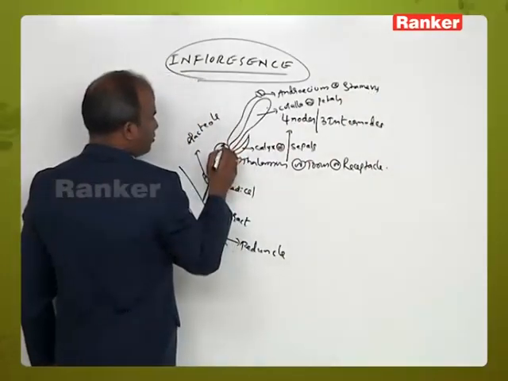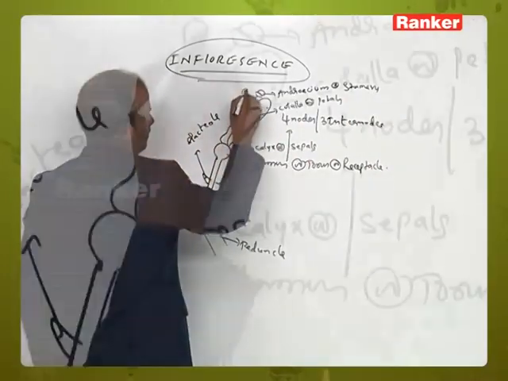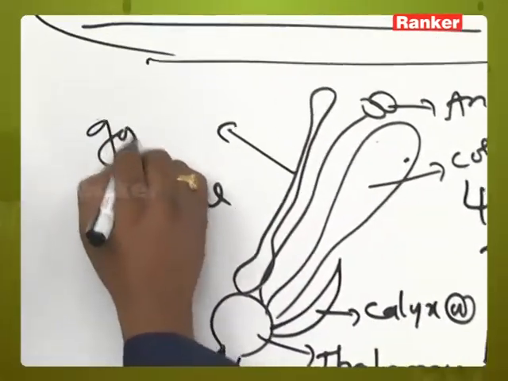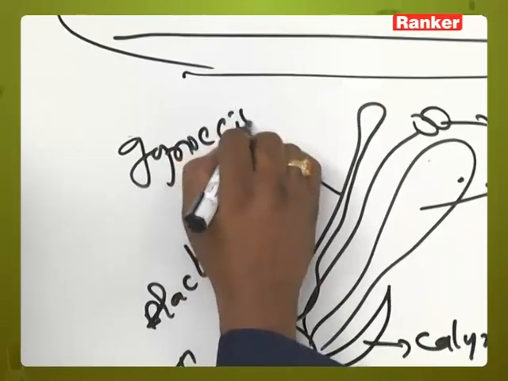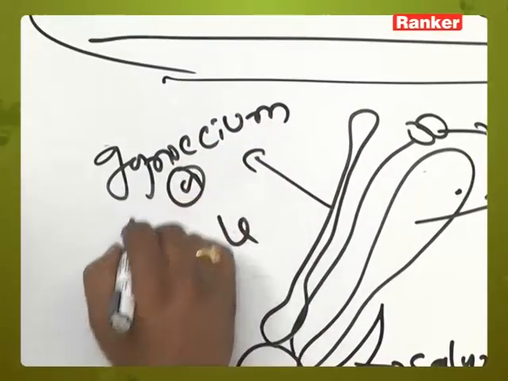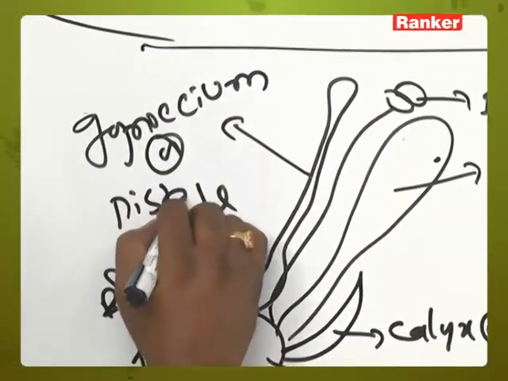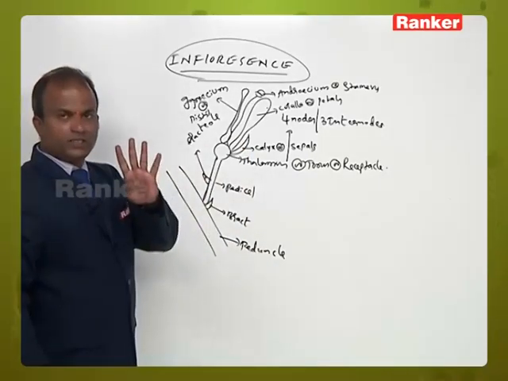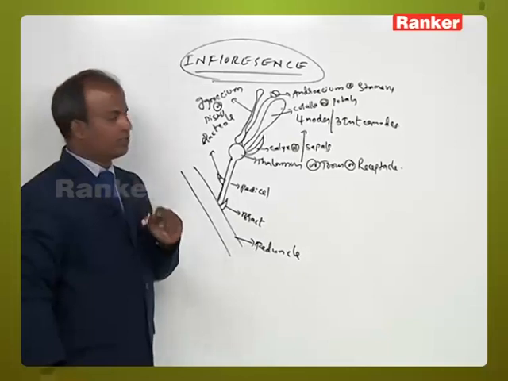The fourth node is occupied by gynoecium, or pistil.